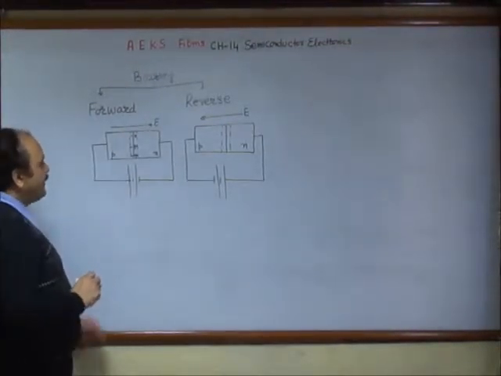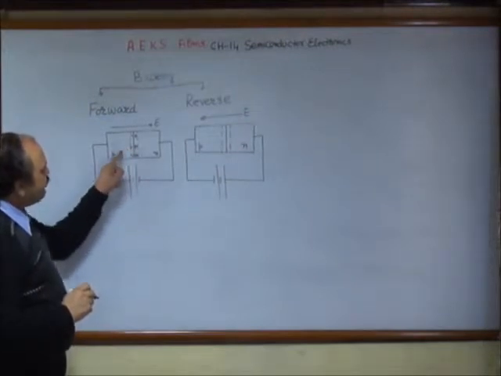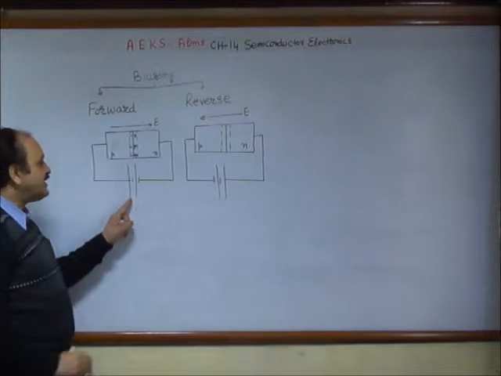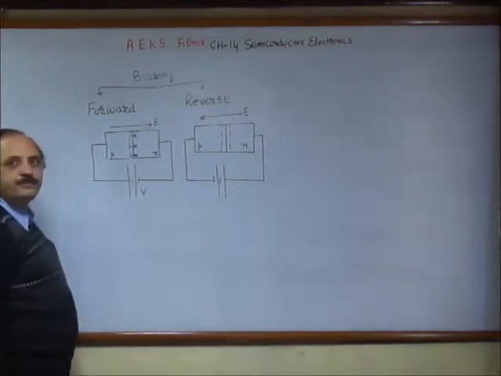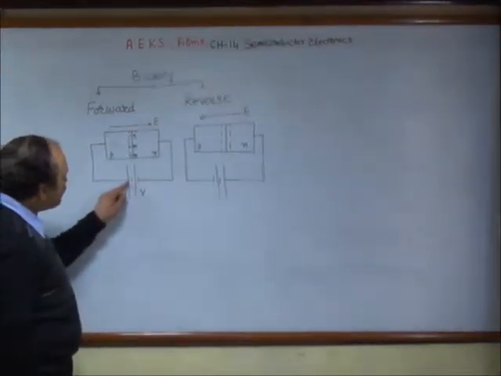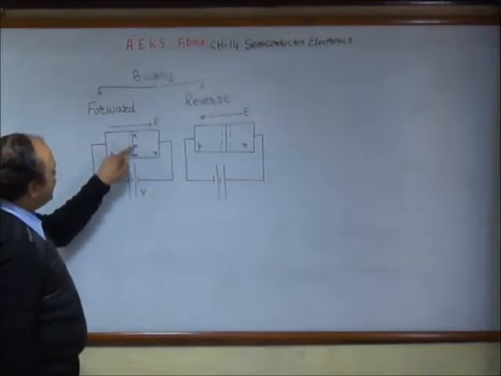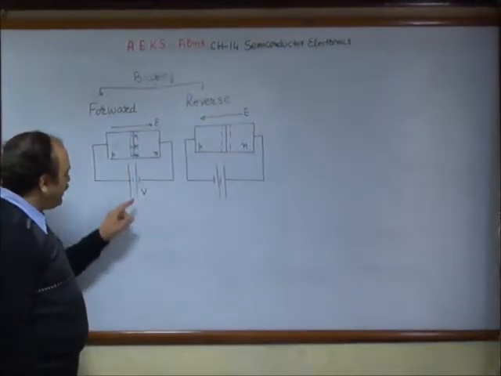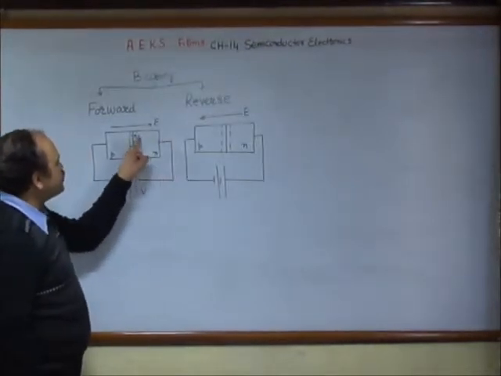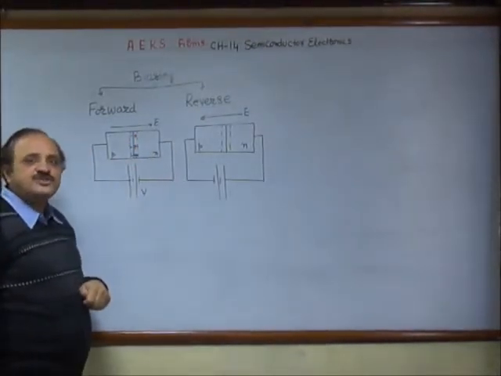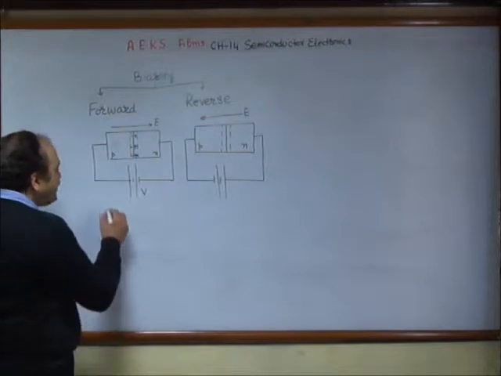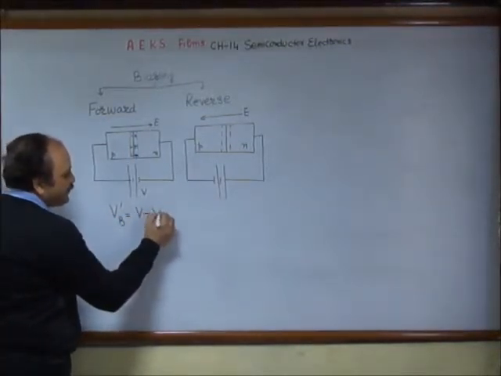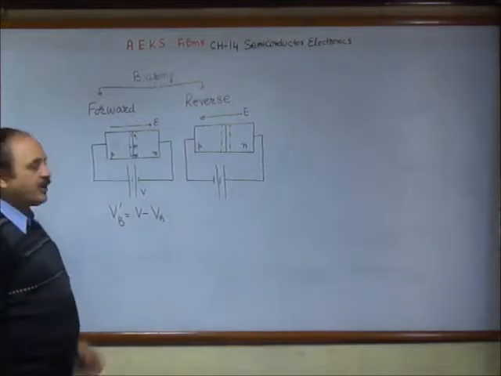Notice one thing, that the negative charge is on the P side and you are connecting it to the external supply, say of voltage V. By having this positive potential connected to this region which is having negative charge, and the negative connected to the region where we have the positive charge, the effective barrier potential decreases, because it's the other way around.